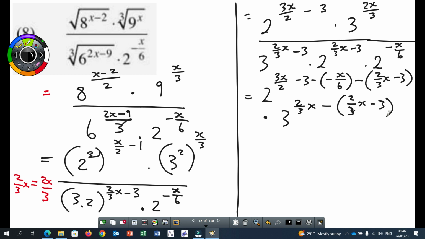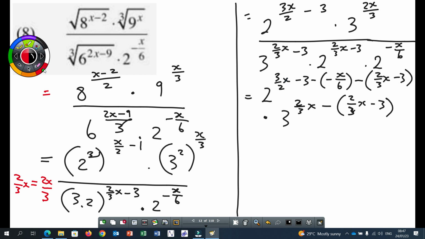Now let's simplify. Let's start with the base of 2. So we have this 3 over 2x. Allow me to just write it like the second one to avoid issues. So let me just erase that. So that will be 2 over 3x, like that.